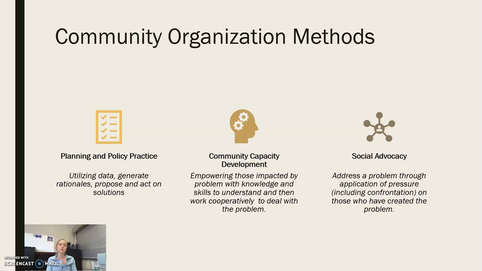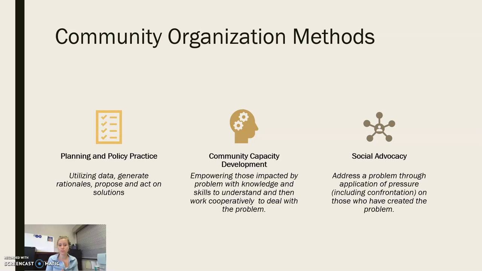So what you do with the individuals by the lake is you teach them safe ways to handle water. You empower them with the knowledge of when the pollution will be at its worst. And then you're kind of dealing with the problem, and you may not be acting on a solution, but you're giving the community the capacity to stay safe and kind of giving them the tools that they need to make sure they're okay.